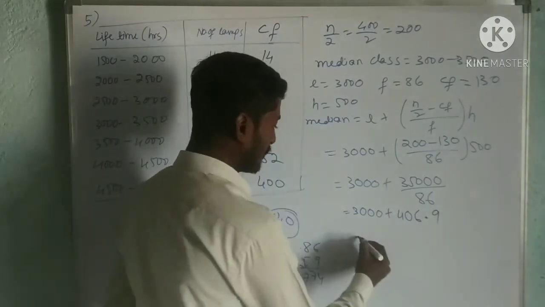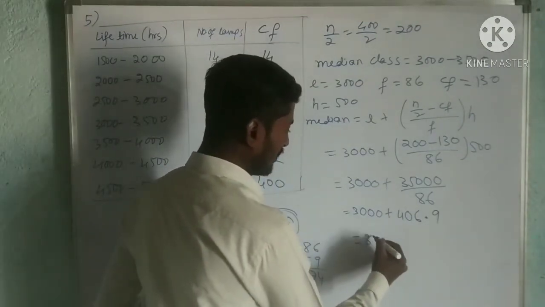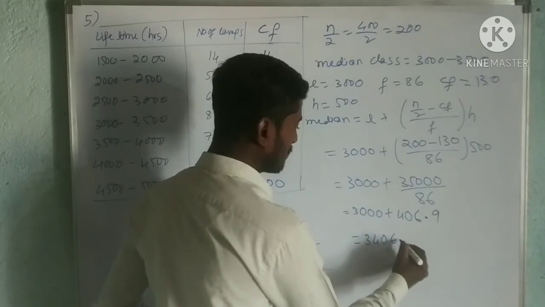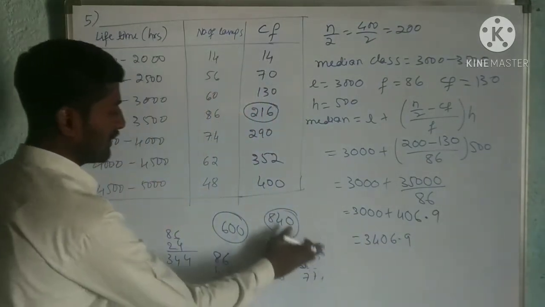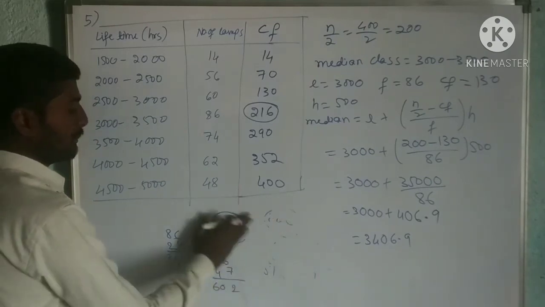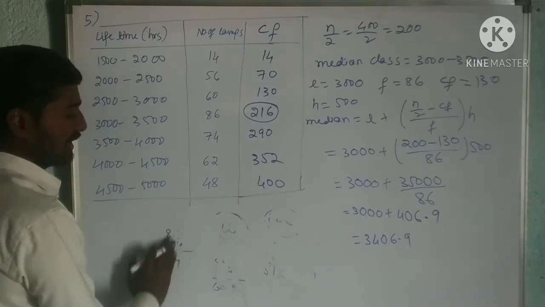So this is equal to 3406.9 hours. What is this? This is the median lifetime of lamps.